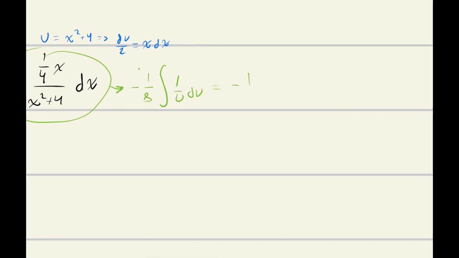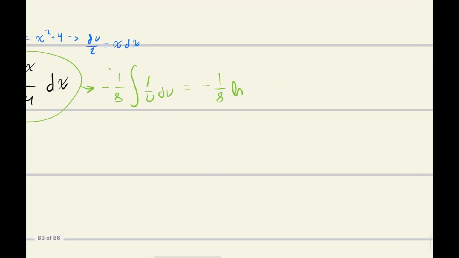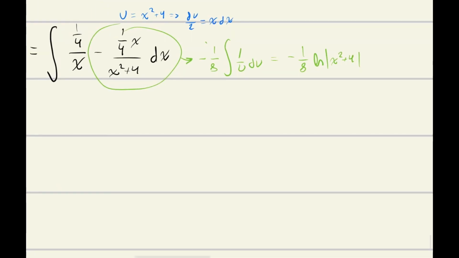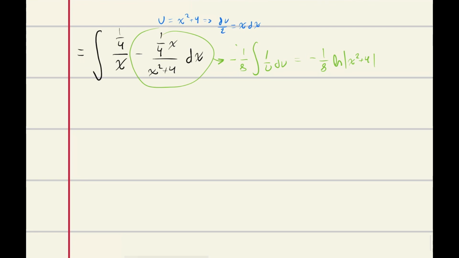This would be equal to negative 1/8 natural log of u. Substituting back the u, we get x squared plus 4. And bringing the entire equation together, this would be 1/4 natural log of x minus 1/8 natural log of x squared plus 4 plus c.